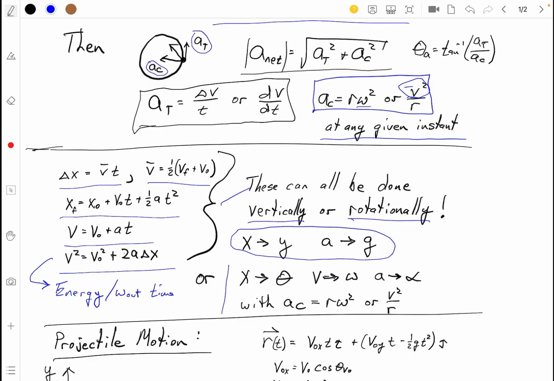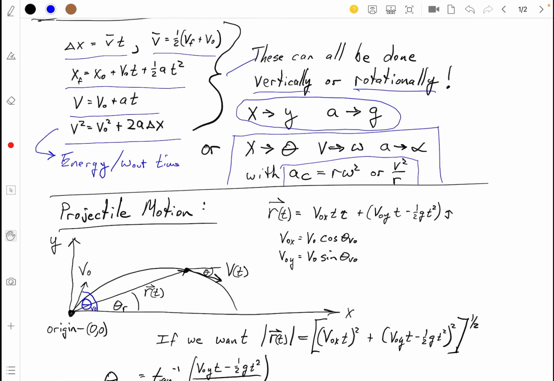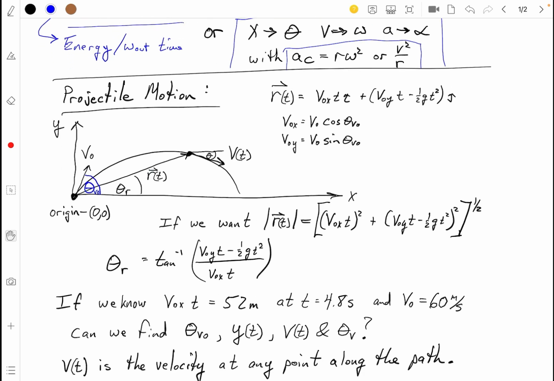In that case, we end up with our x going to theta, v goes to omega, a goes to alpha, and of course you have to keep in mind your centripetal acceleration. And all of those same equations are there. I'm not going to rewrite them because you guys can do that, but it's the exact same equations. So let's talk a little bit about projectile motion.